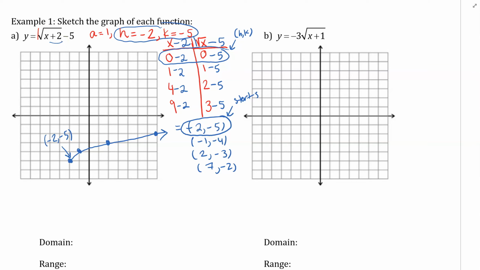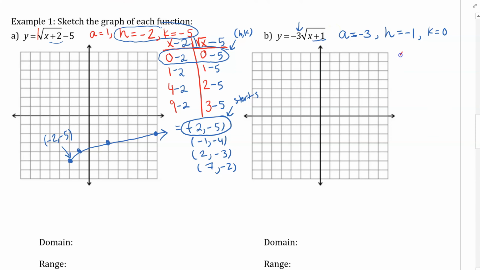Now let's try another one over here. We've got example 1b. This time, though, I do notice an a value. So I've got a is equal to negative 3. I've got h is equal to negative 1 because there was a plus 1 under the square root sign with x. And then k is equal to 0 because there was nothing being added or subtracted outside of the square root.